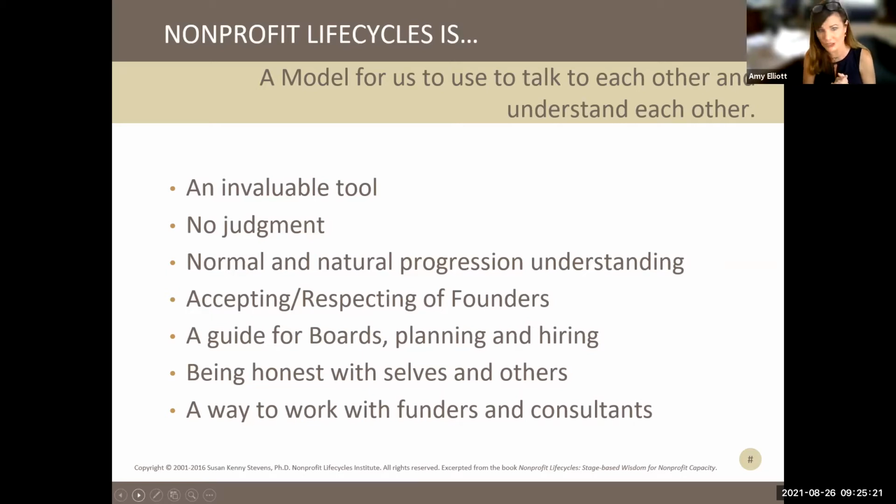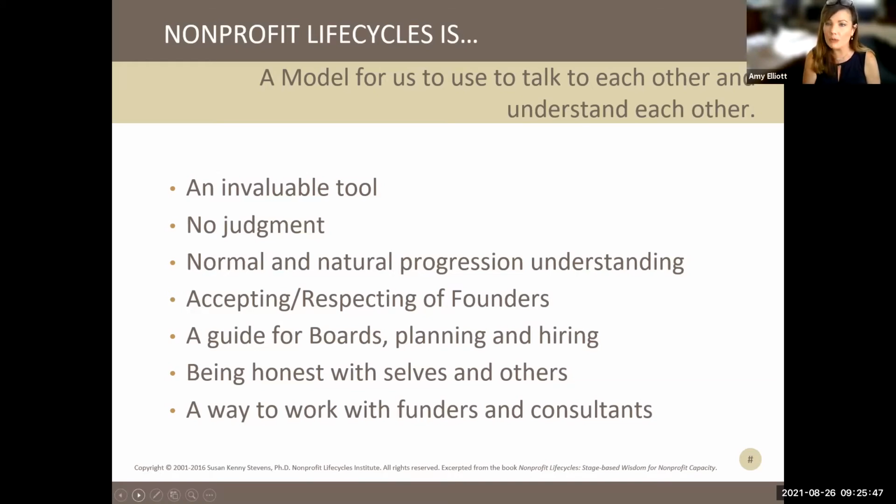They will not pass judgment on your organization. They understand that natural progression and, if you say you're ready to go to that next stage, what pieces you put into place for that growth and development. They'll respect a founder if there's some sort of intervention or planning needed to get a founder to leave their legacy.